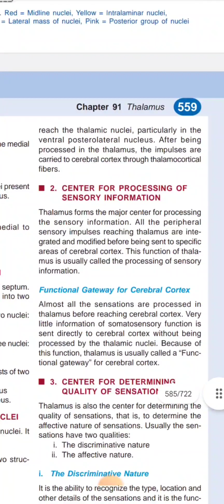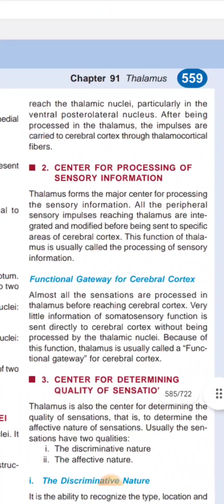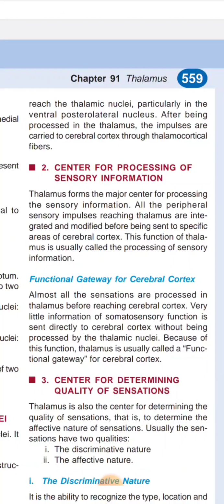Second one, center for processing of sensory information. So thalamus forms the major center for processing the sensory information. Processing means how touch, for example, touch perception has to be sent to the brain.